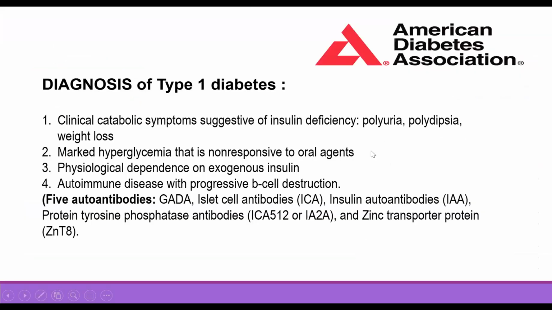Now, coming to the diagnosis of type 1 diabetes, how can you diagnose it? Diagnosis of type 1 diabetes is purely clinical. You don't have to do C-peptide. You don't have to do autoantibodies.